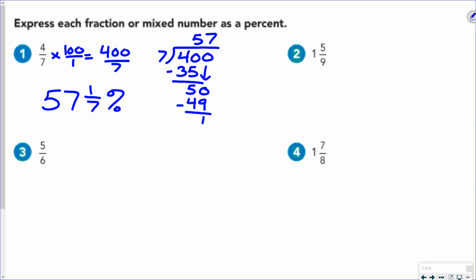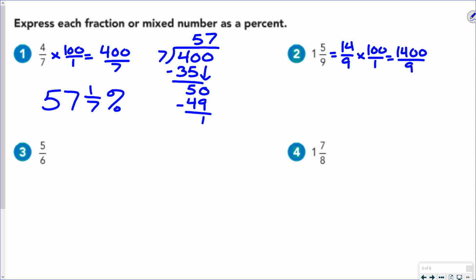So for number 2, we have a mixed number. So we're going to start by converting that into an improper fraction. So we take 9 times 1 to get 9, plus 5 is 14. So that gives us 14/9 times 100 over 1, which is 1,400 over 9.